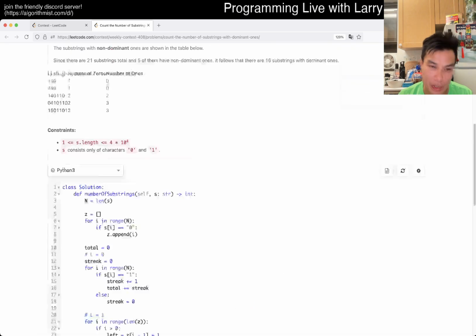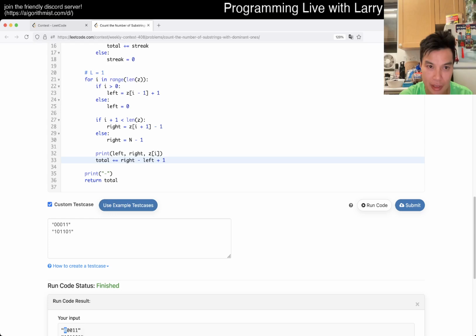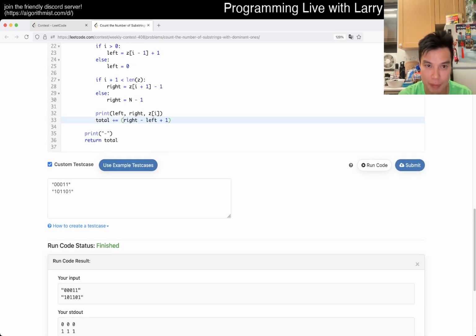8 and 13 still high, but that's okay. So 0 0. Now you need, it's this. So this is the number, the length, right? Okay. So I don't know about plus 1, but this is the length of the string, right? And let's put it in here. So this should be 1.